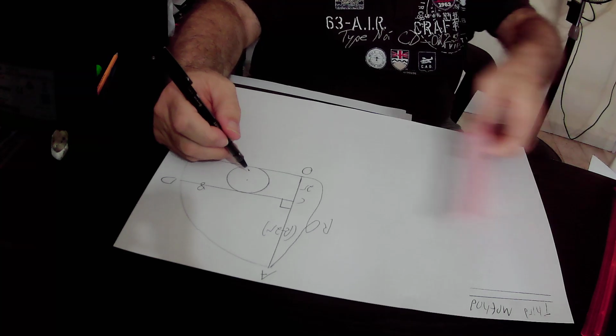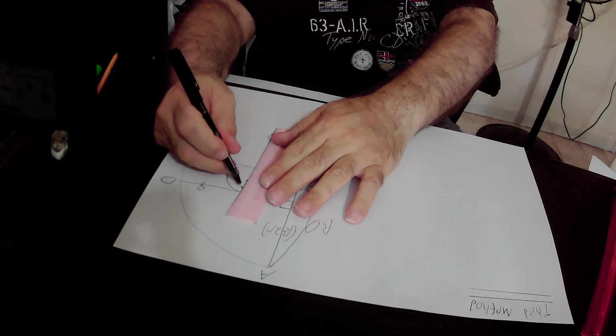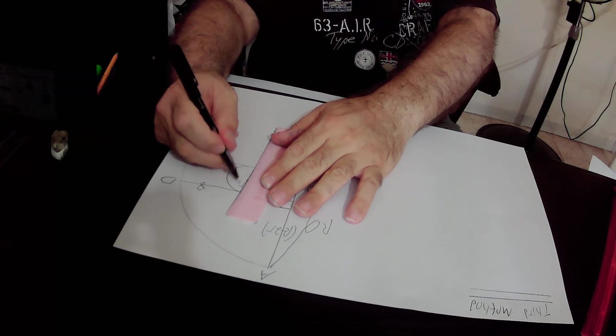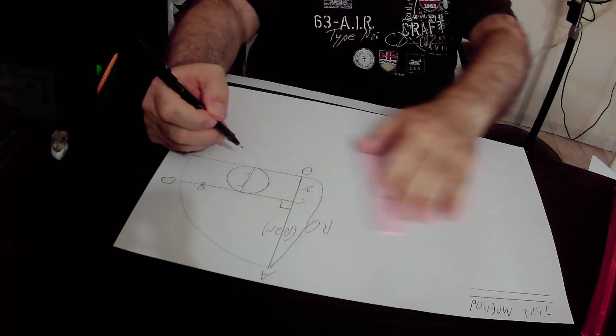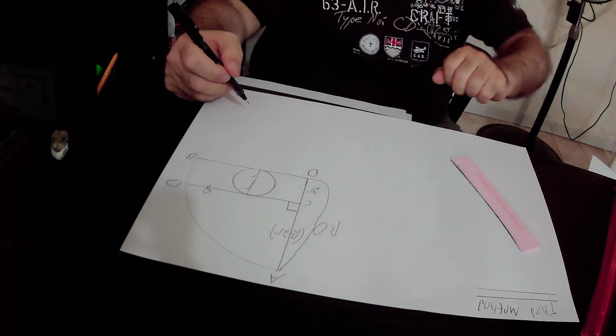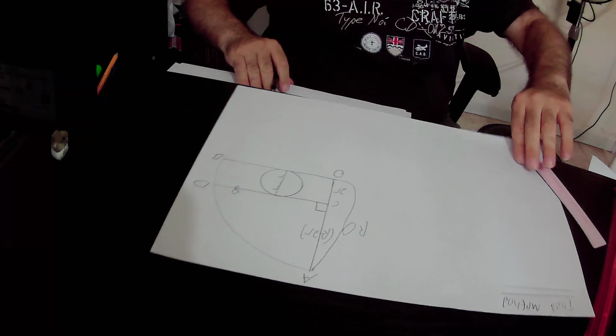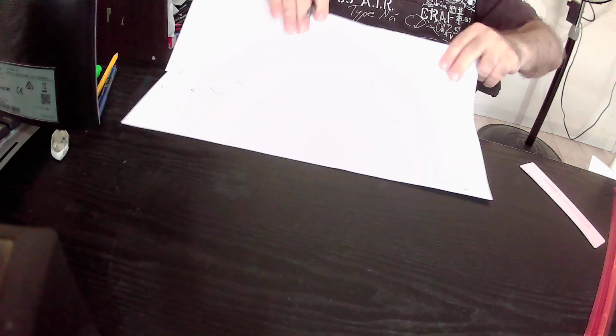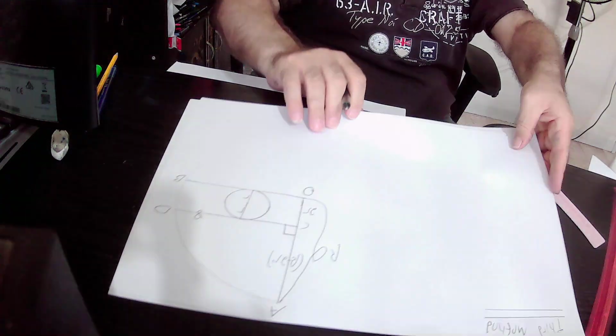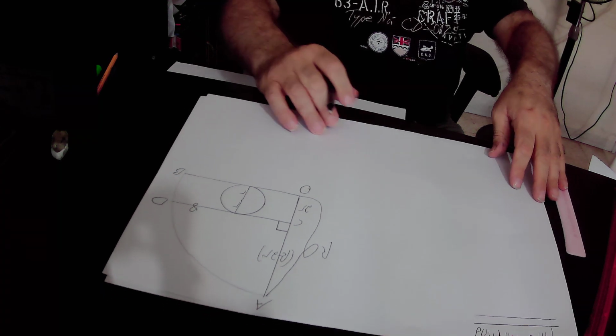This is the radius of the small circle, and this is also the radius of the small circle. In the next step, we'll complete the quarter circle to a semicircle.